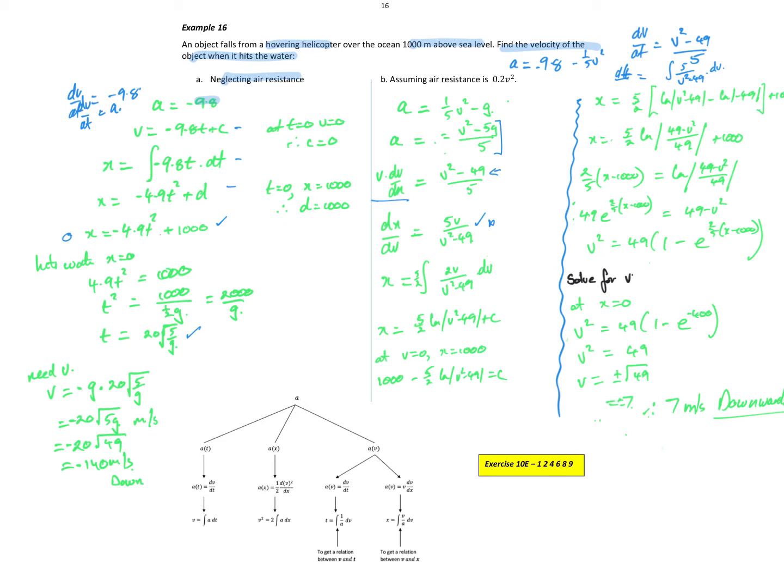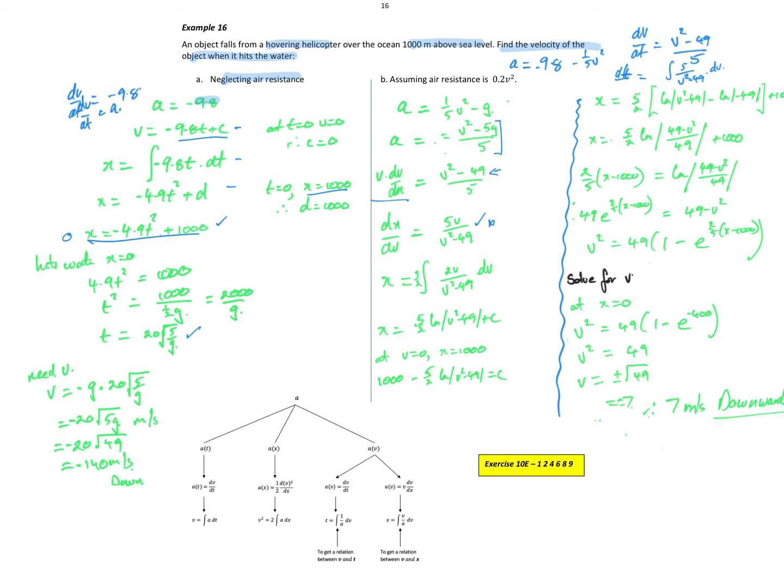So if I integrate both sides with respect to t, I get 9.8t, and the initial velocity was 0, so velocity is just 9.8t. Integrate that again, I get x equal to 4.9t squared. I'm 1,000 meters above ground when it is initially dropped, so d is 1,000. So there's the rule for the position of the particle at any point in time.